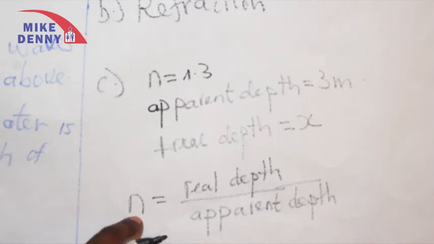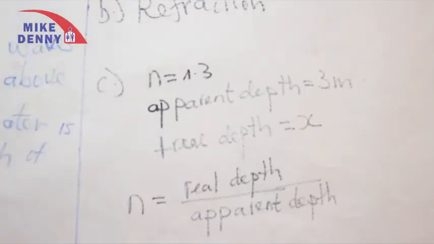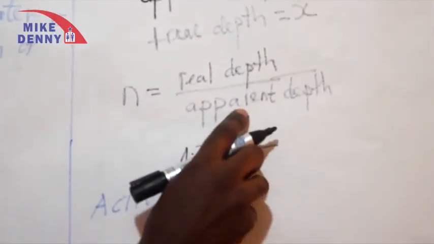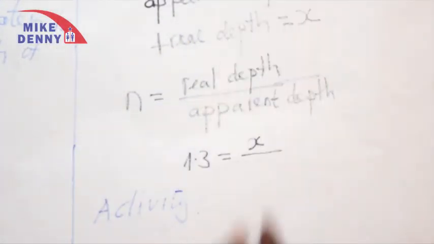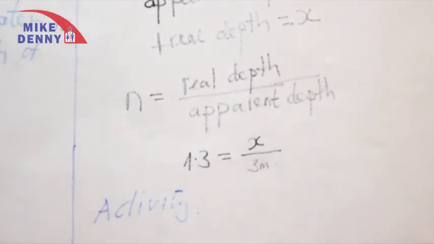Remember, our refractive index is 1.3. So 1.3 equals the real depth, we let our real depth be X, divided by our apparent depth, which we have as 3 meters. Good.